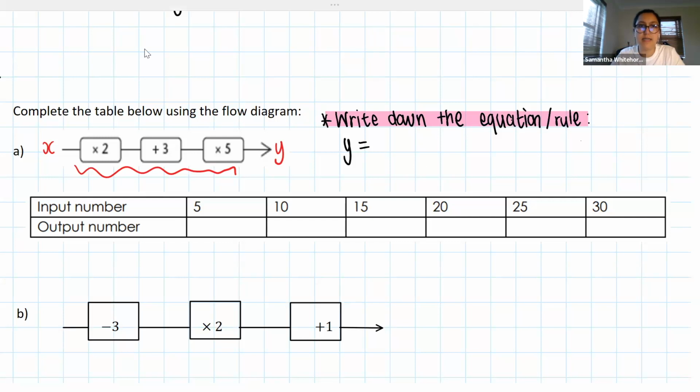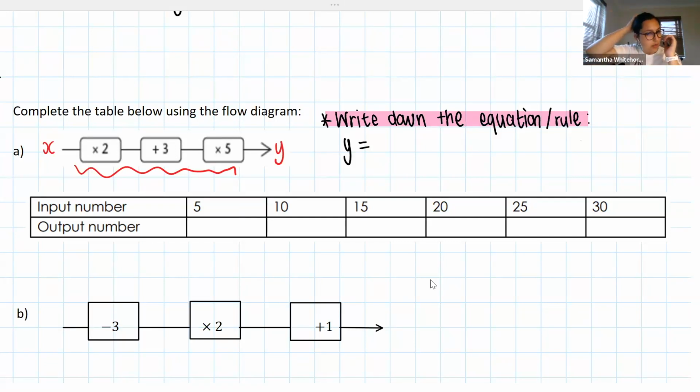Okay, so rule y equals, look at your flow diagram, you're timesing by 2, you're adding 3, and then you're timesing by 5. So our rule should reflect that. Remember guys, any questions that you have, put them on the chat.